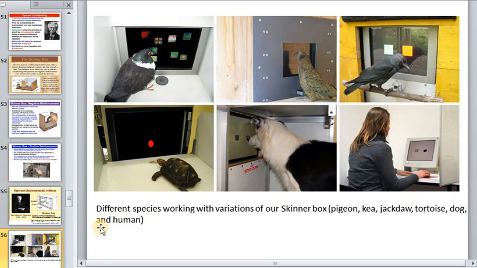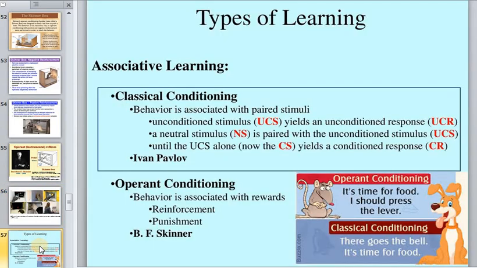For now, even for humans, the Skinner box and visualization are used in different experiments. And here we see the new step in learning behavior.